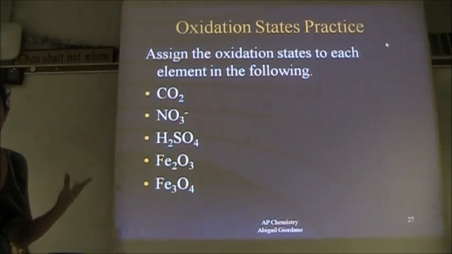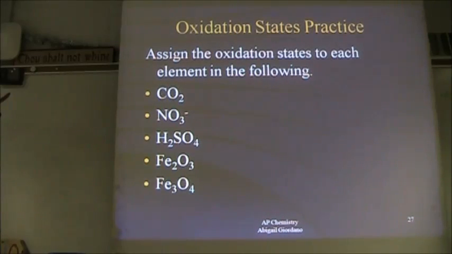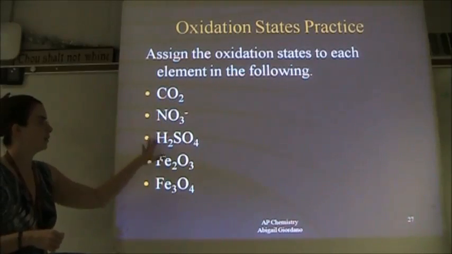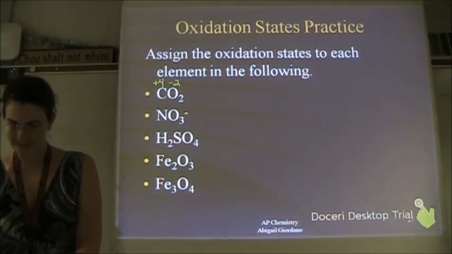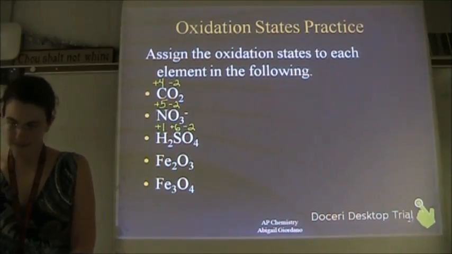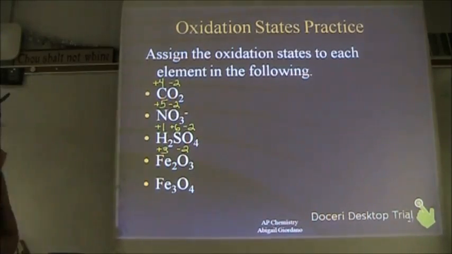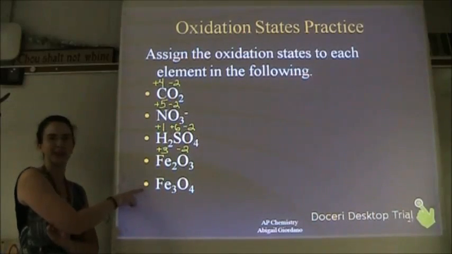So, this is where we're going to end today, and this is so simple. All I want you to do is above each element, write its oxidation state, its charge. I'm sort of holding off on this one for a reason.